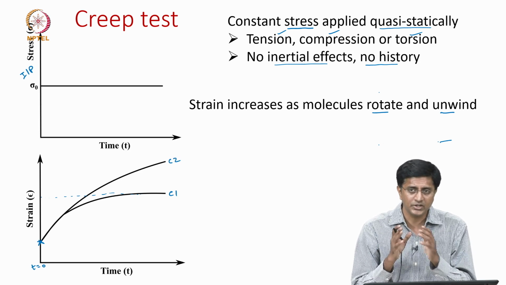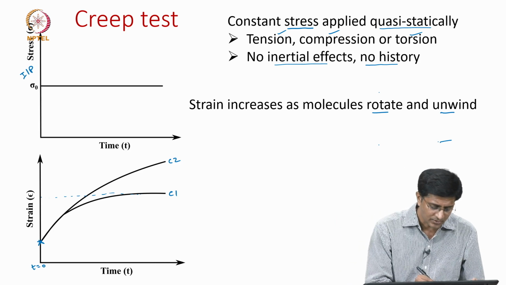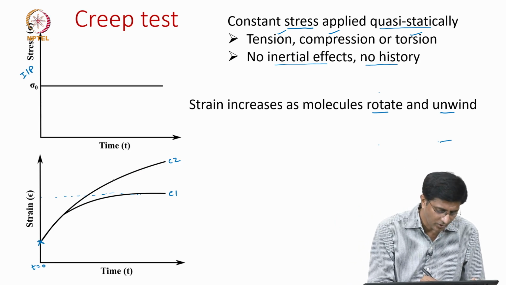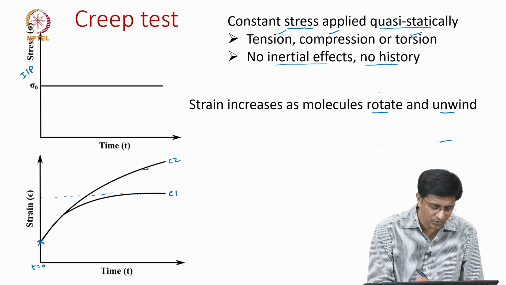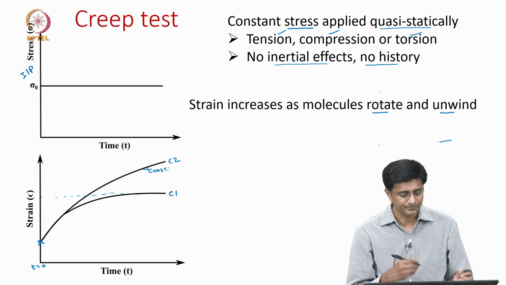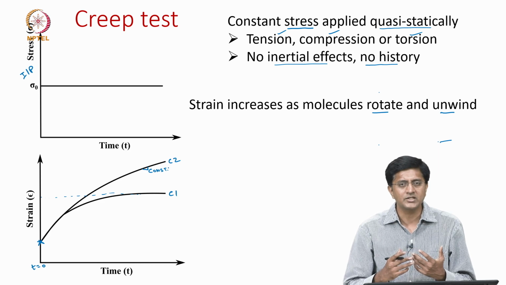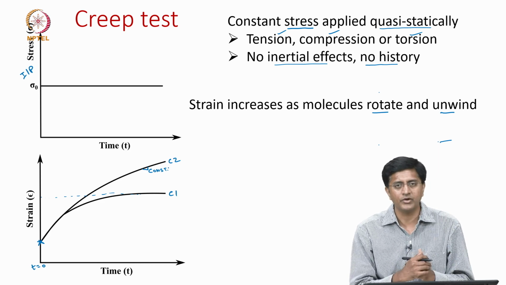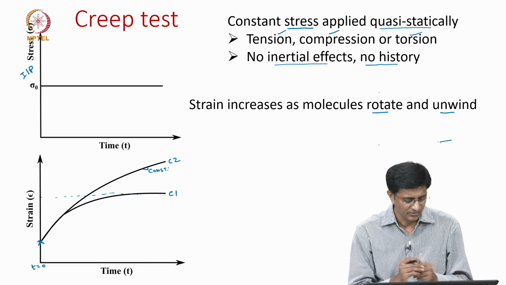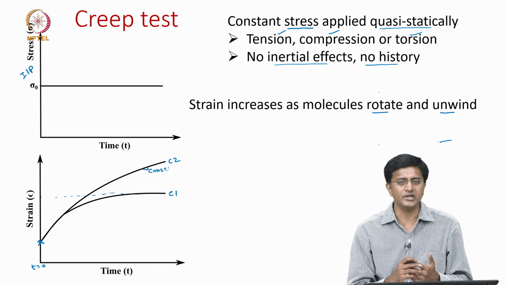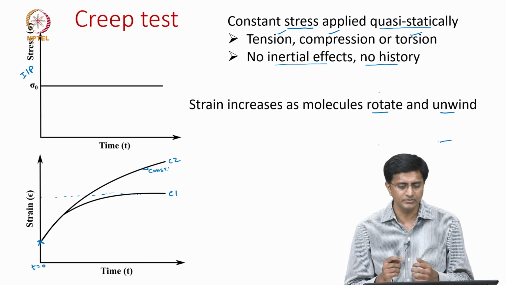So, it never stops, it keeps on increasing. Let us say initially it is a nonlinear curve, but towards the end it reaches a straight line, meaning the slope is constant. Now, again I will ask the same question the way we discussed in the relaxation test. Which of these curves is for thermoset and which is for thermoplast?